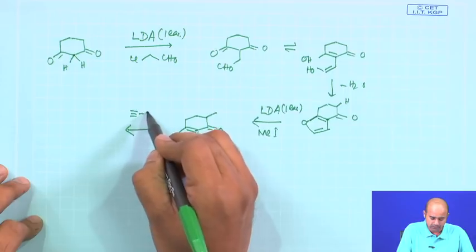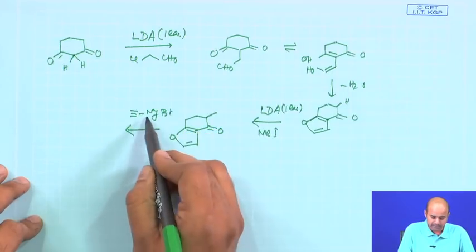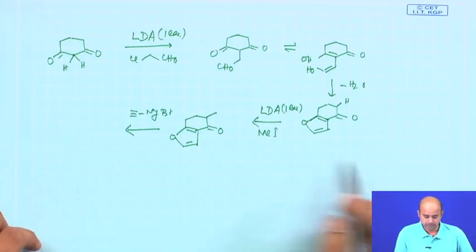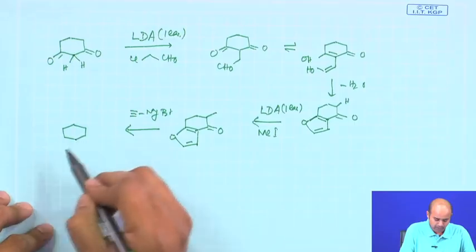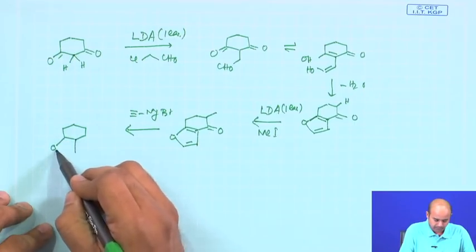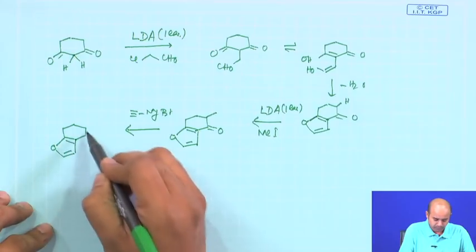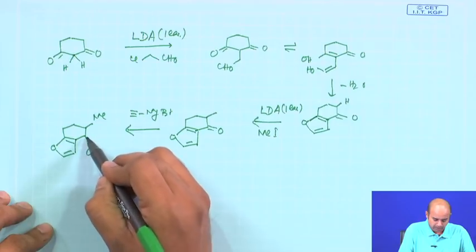Next we said that you need an alkyne Grignard reaction. Alkyne Grignards can be easily generated, and you do a nucleophilic addition on this carbonyl compound. You will basically get this alcohol.